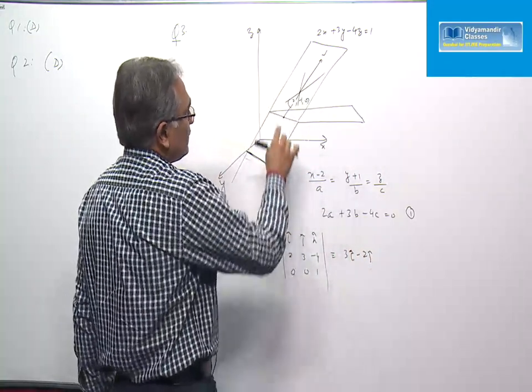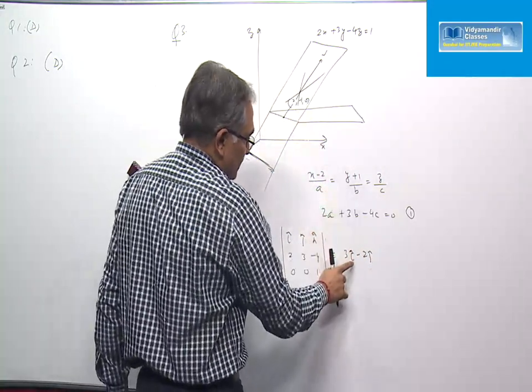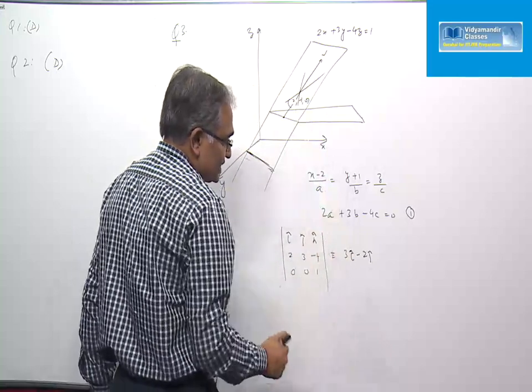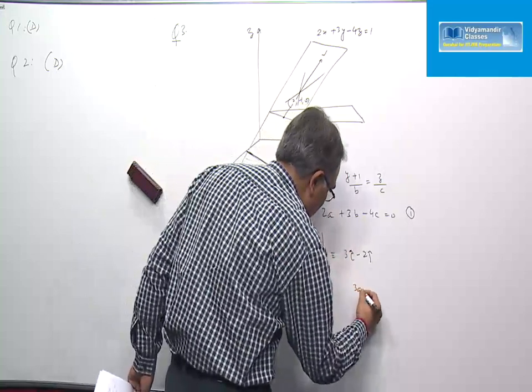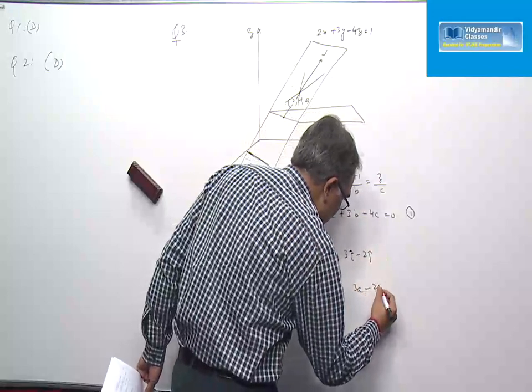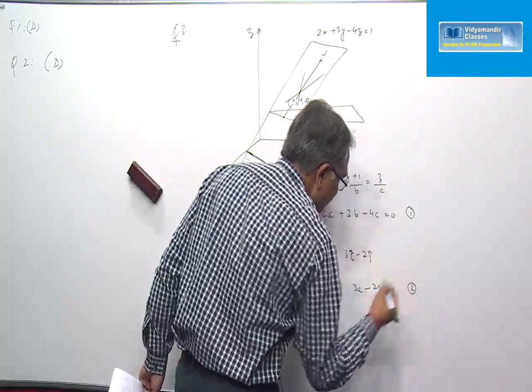Now this line must be perpendicular to the line of intersection, that is 3a minus 2b must be 0. Second equation.